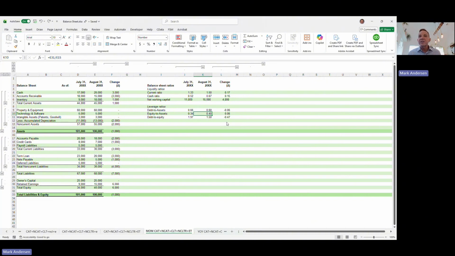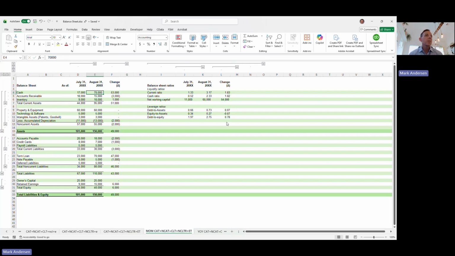Let's see what our business looks like if we assume that we're going to get a loan. Let's say we are trying to get $50,000 of new lending, meaning this amount goes from $20,000 to $70,000. And the proceeds of that are going to go straight into our cash account. So that goes to 70.